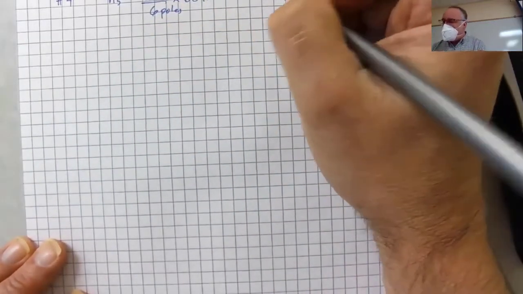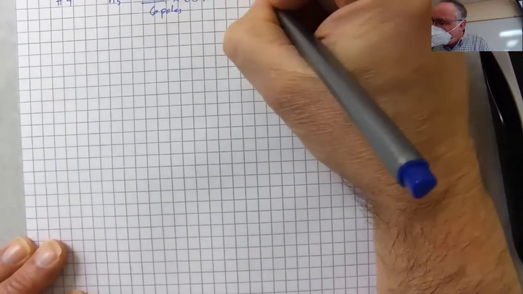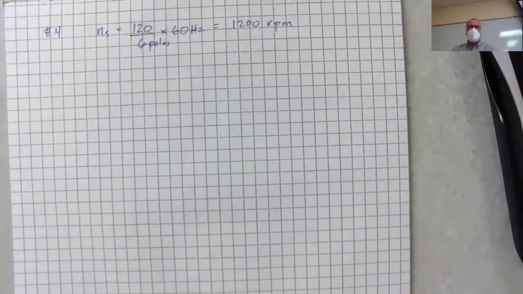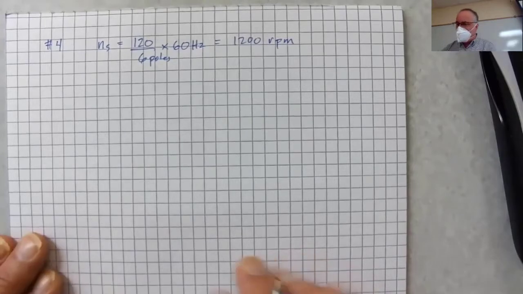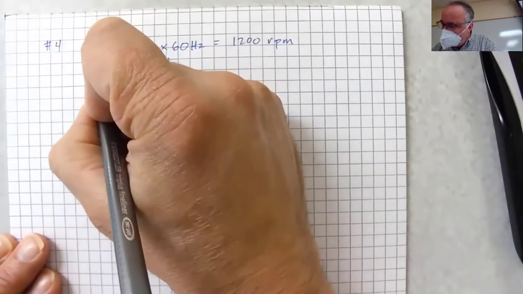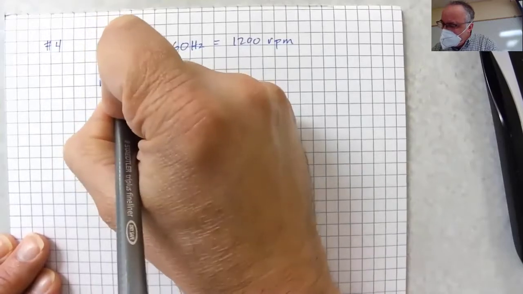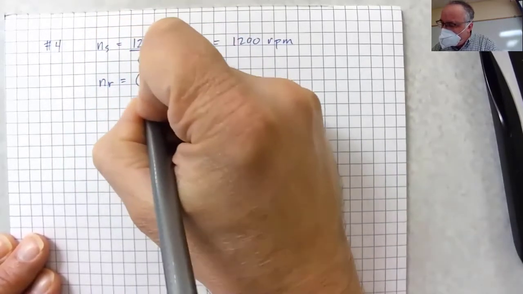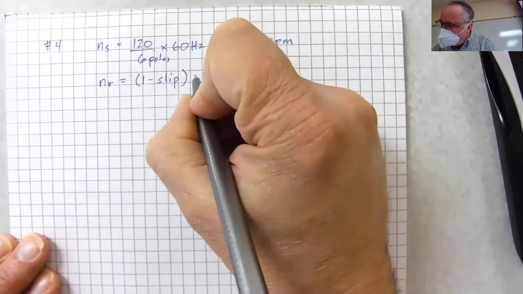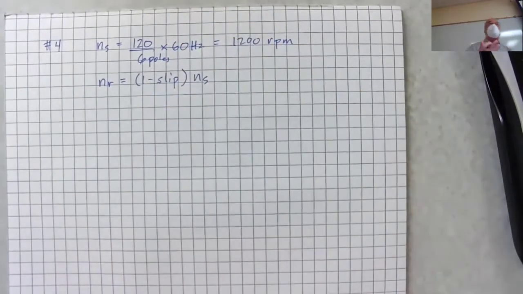So what do we get there? 1200. We can get it by inspection, right? Beautiful. Okay, so we got 1200 by inspection. And then if we want to get the rotor speed, it's just 1 minus the slip times the synchronous speed. And you can solve that using algebra, right?